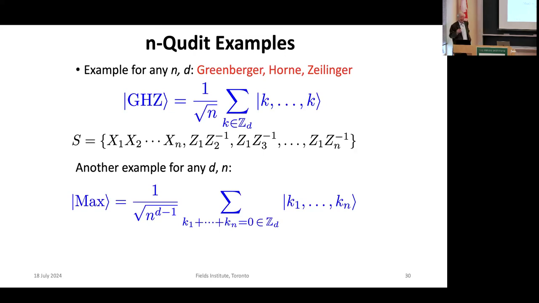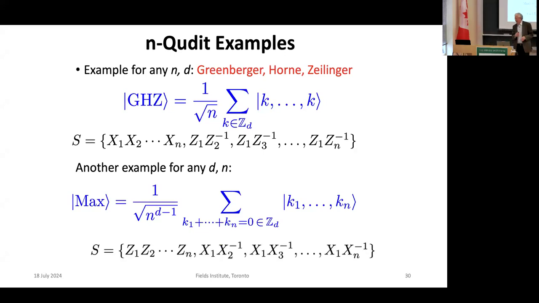So if you look at it that way, it's a one-off operation. And here's the corresponding stabilizer group for the MAX state. Z and X are interchanged by Fourier transformation.